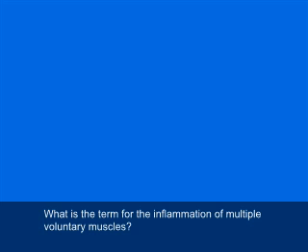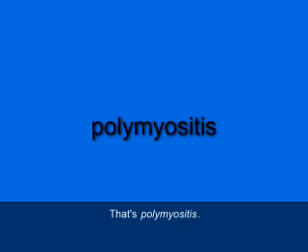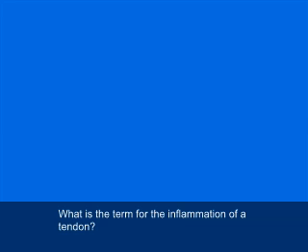What is the term for the inflammation of multiple voluntary muscles? That's polymyositis. What is the term for the inflammation of a tendon?